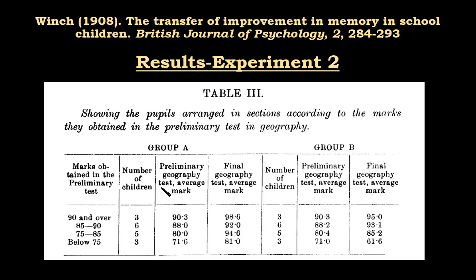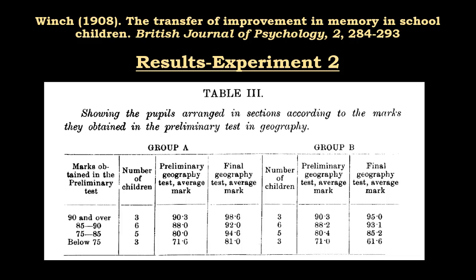So they want to vary to see whether the effect of the transfer from poetry to history applies only to history, or does it apply to other things as well, such as geography?